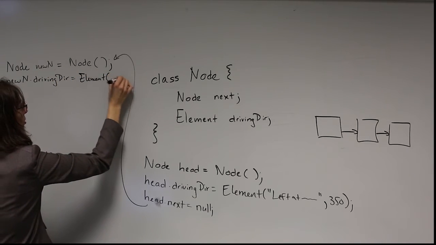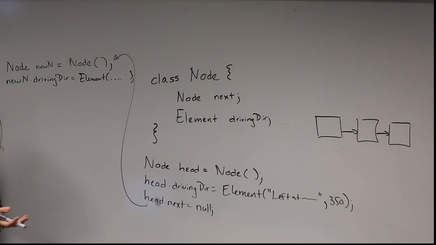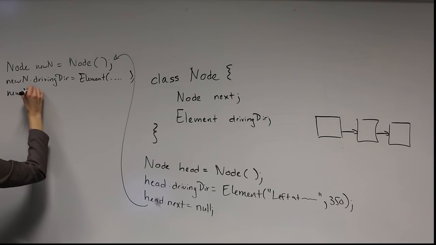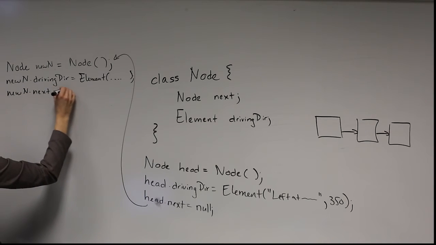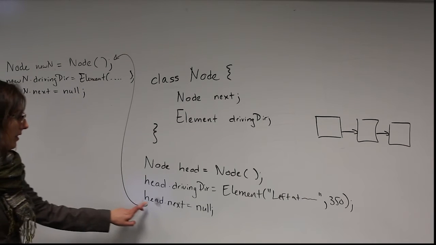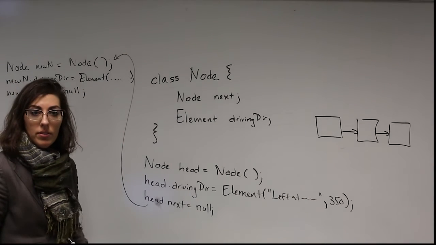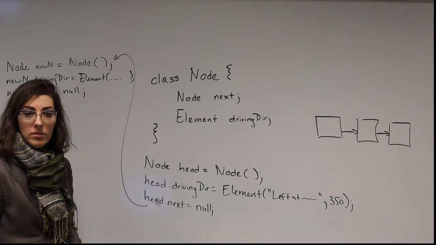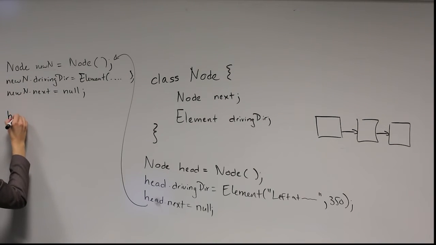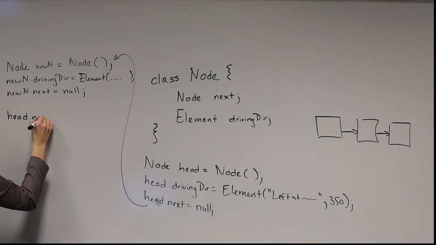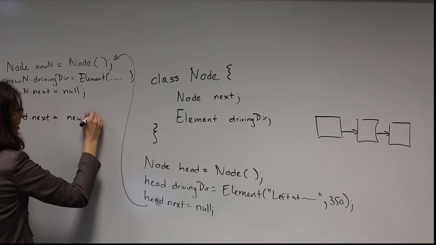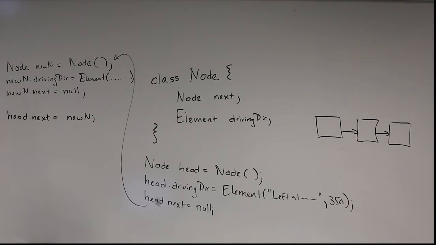I'm not going to fill it out, but some direction, some number of feet. Set its next equal to null. And any ideas how to connect the head to this new node? The head's next. Very good. Is the new node. Make sense? Good.